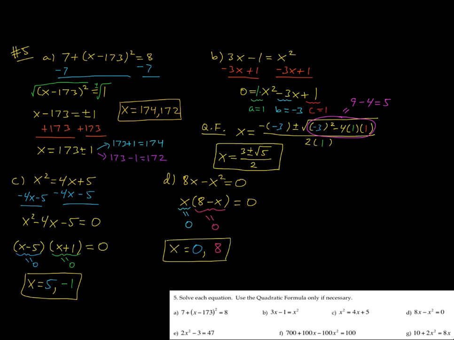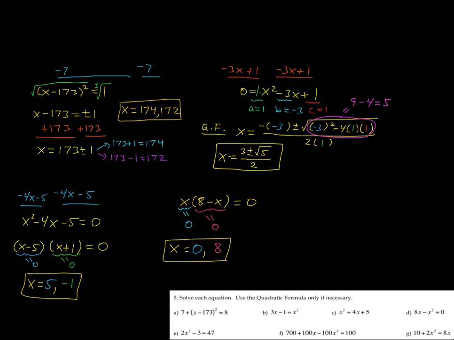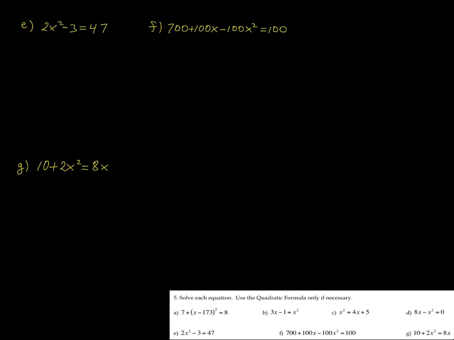All right, cool. So now let's go ahead and look at these last couple. E, 2x squared minus 3 is equal to 47. Well, x only shows up in a squared term here, so I'm going to isolate the squared term, add 3 to start. So we have 2x squared is equal to 50.